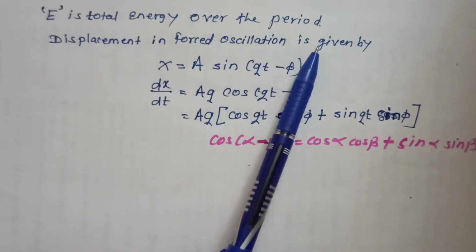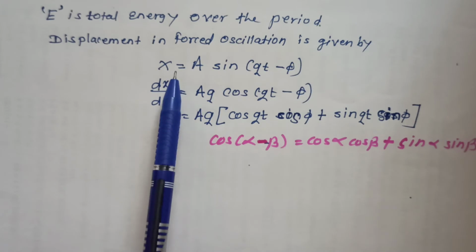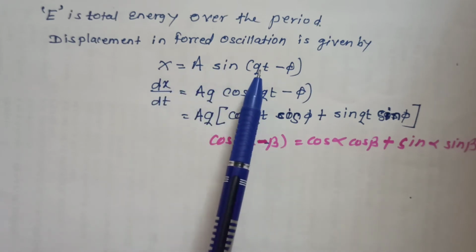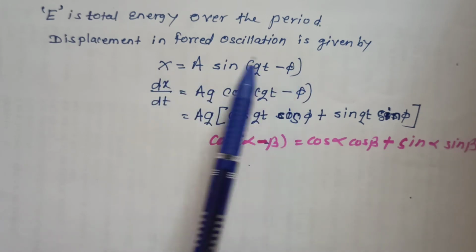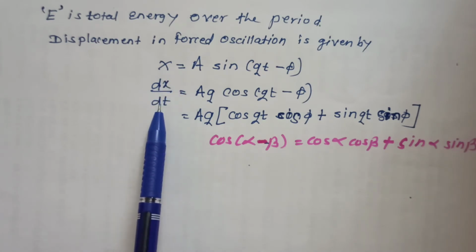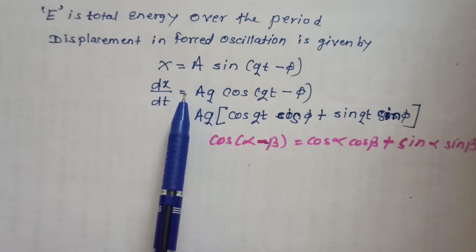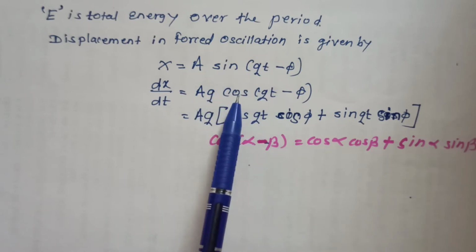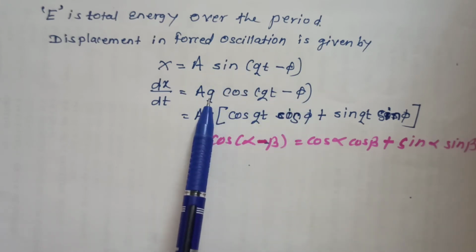Displacement in forced oscillation is given by x = a sin(qt − φ). The derivative of x with respect to t, dx/dt, is a as it is, the derivative of sin is cos(qt − φ) into q.